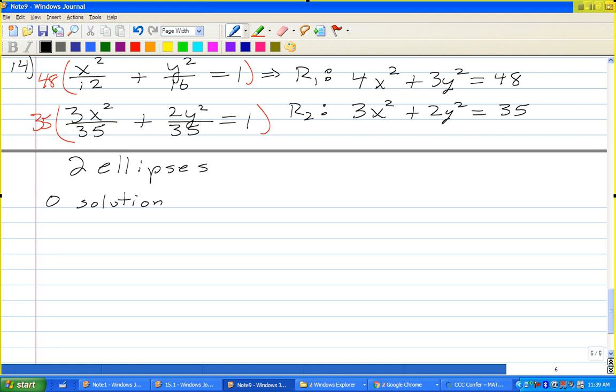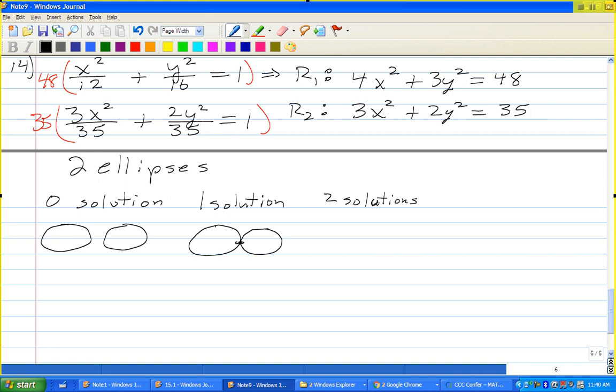The case where you have an ellipse and another ellipse, you could have one solution, an ellipse just touching another ellipse. You could have the case of two solutions.